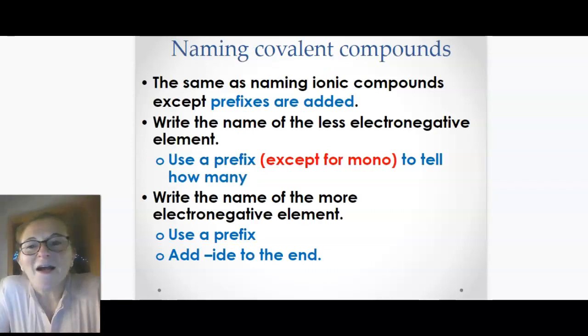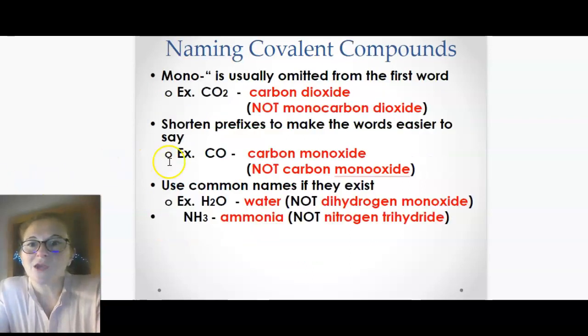So anyway, naming is the same as ionic compounds, but we're adding prefixes and we add "ide" to the end of the second one. So here we go. Here's the slide I was looking for with that mono thing. So mono, we have carbon monoxide.